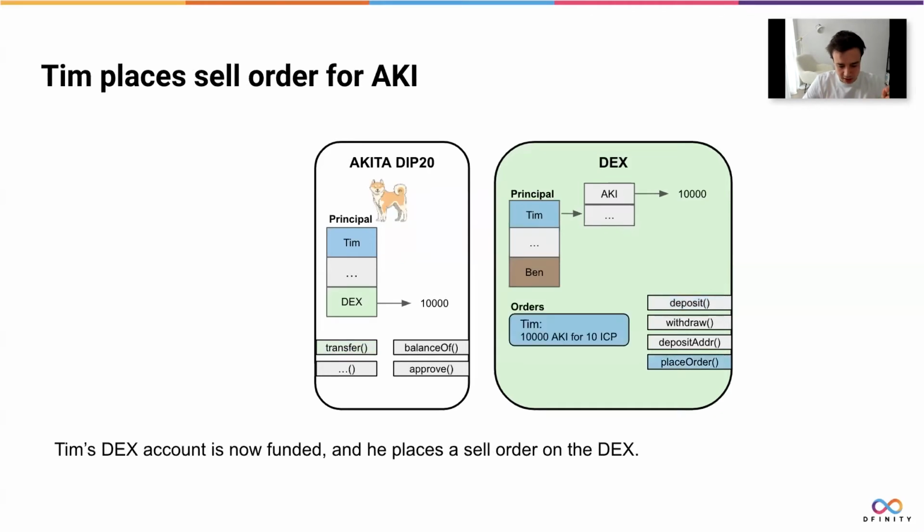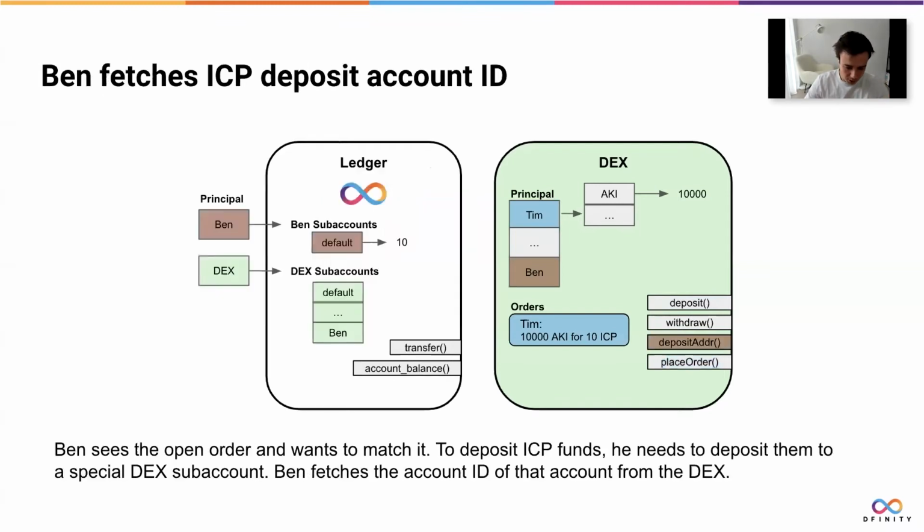Now that I have these funds available on the DEX, I place an order for some ICP. Next, Ben comes around and he has some ICP in his default account. For the mechanism to transfer ICP, as mentioned, because the interface of ICP is different, you have to implement a special mechanism.